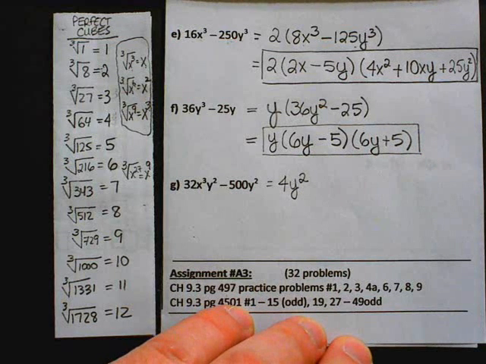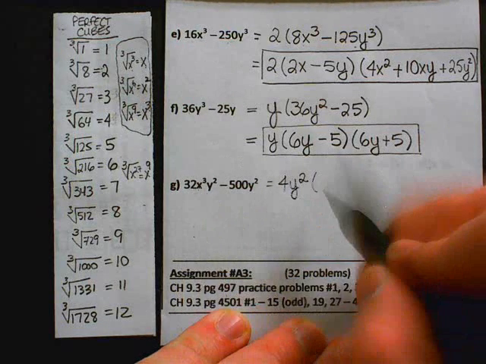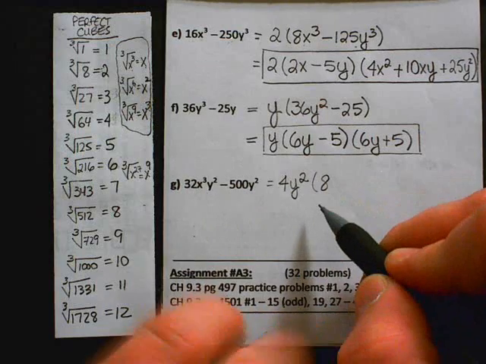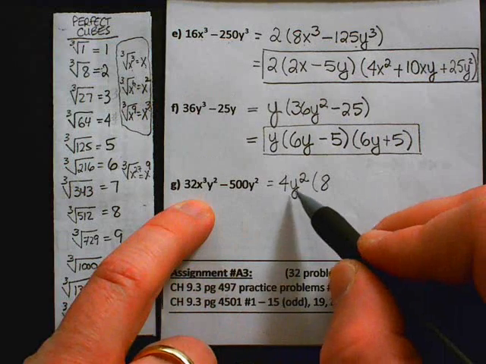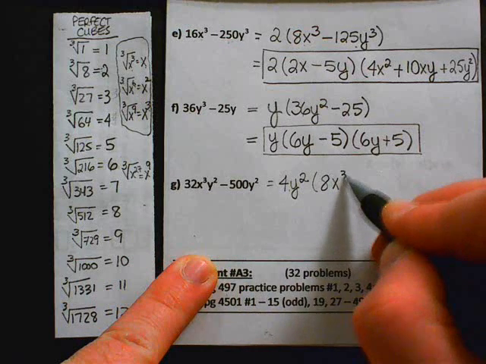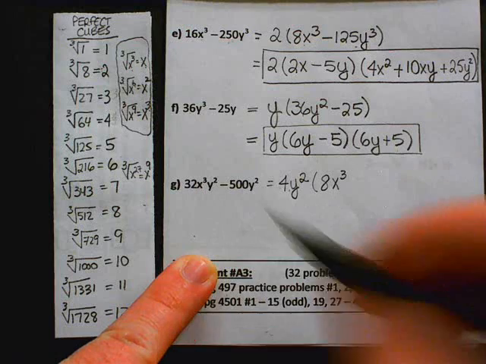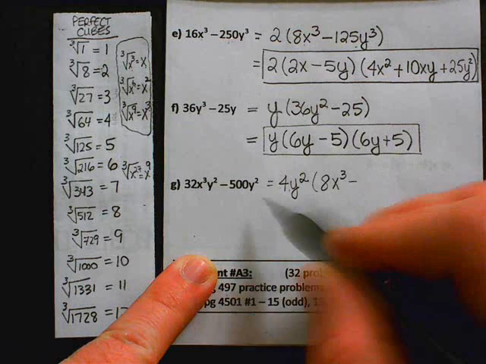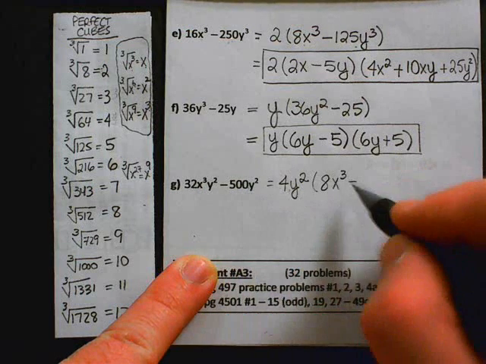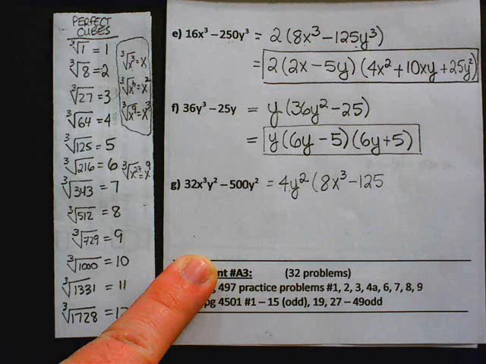Alright. Now that we know that, 32 divided by 4 is 8. x cubed is going to stay there, but the y squared disappears because they cancel. And then we have minus 500 divided by 4, which is 125.